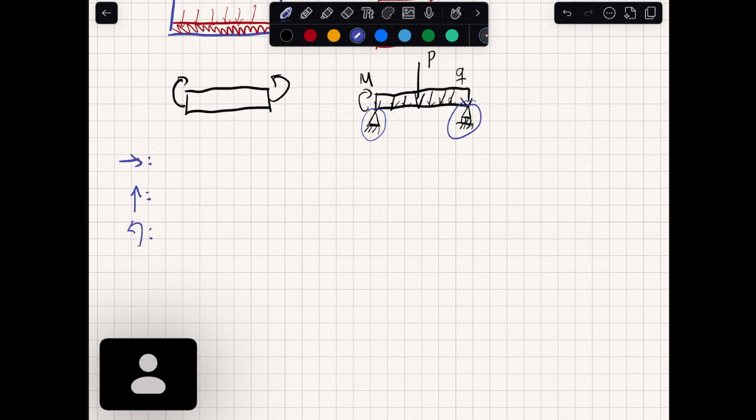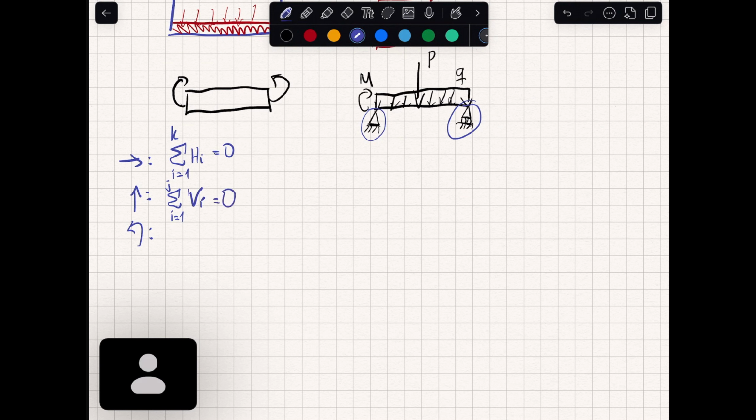So what does horizontal equilibrium mean? It means that the sum of all horizontal forces H_i from 1 to k, for example, is equal to 0. And the same way for vertical equilibrium, we have that the sum of the vertical forces, let's call it V_i, equals 0.